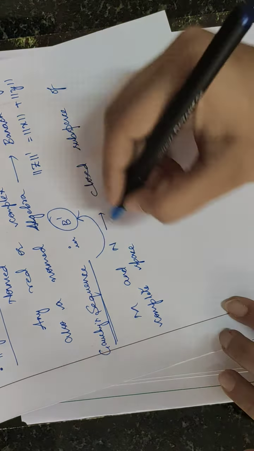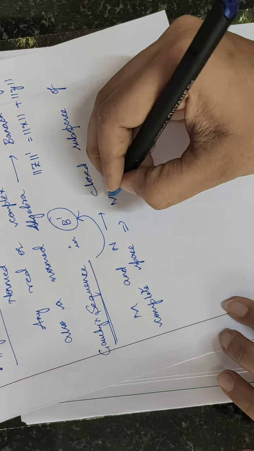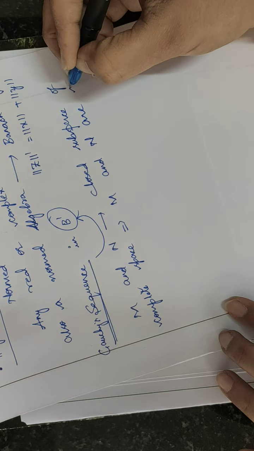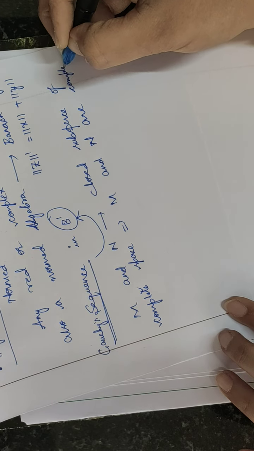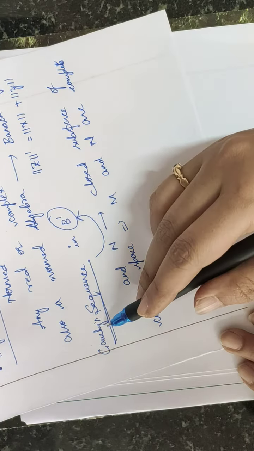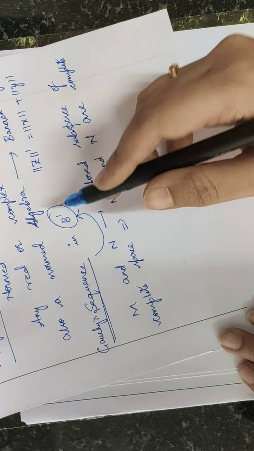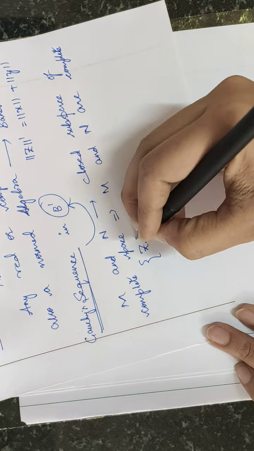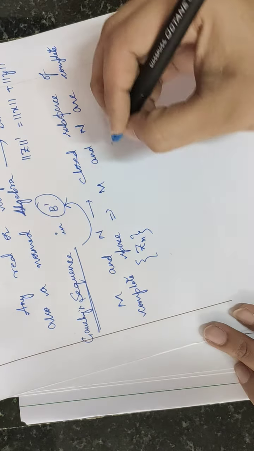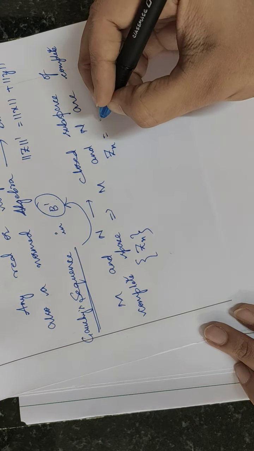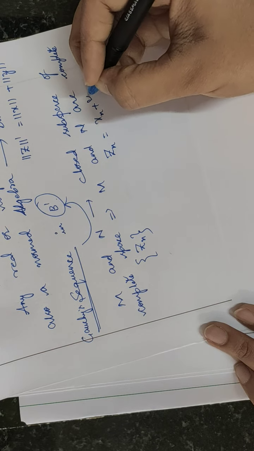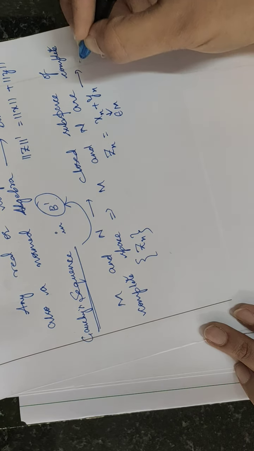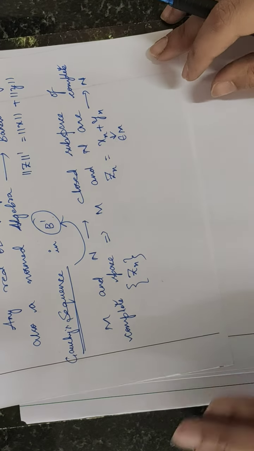So this implies M and N are complete. Now I will consider a Cauchy sequence in B prime. So the Cauchy sequence will be in the form of Zn, and we know that I can express Zn as xn plus yn, where xn belongs to M and yn belongs to N, isn't it?